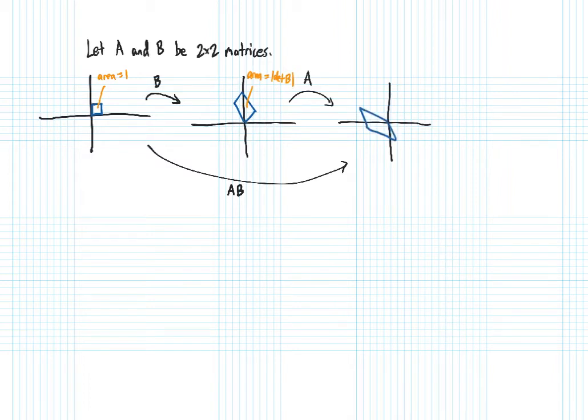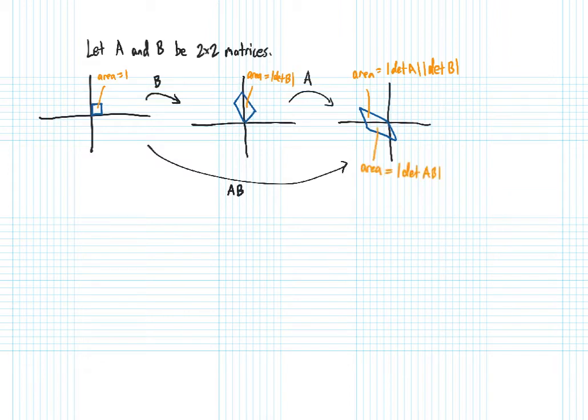Well, then if we take that parallelogram and transform by A, we'll get another parallelogram, and its area will be equal to the area of the middle parallelogram scaled by the absolute value of the determinant of A. So in other words, the area is the absolute value of the determinant of A times the absolute value of the determinant of B. But on the other hand, this is the parallelogram that you get when you just transform the unit square by AB.